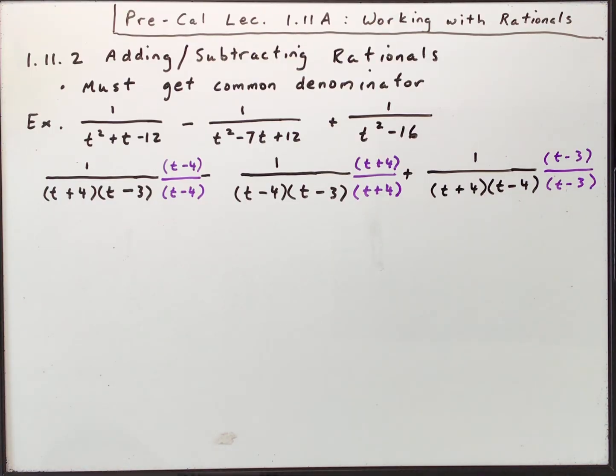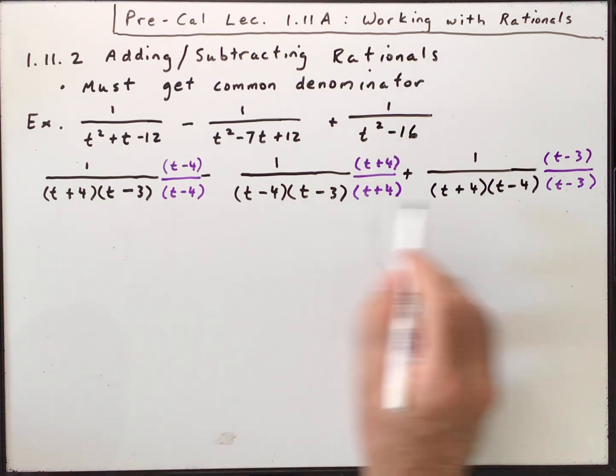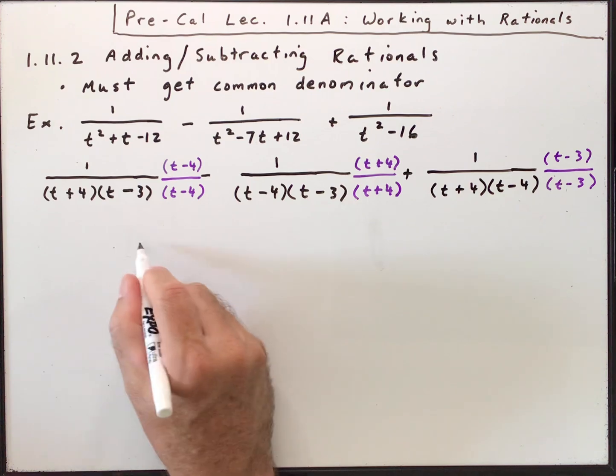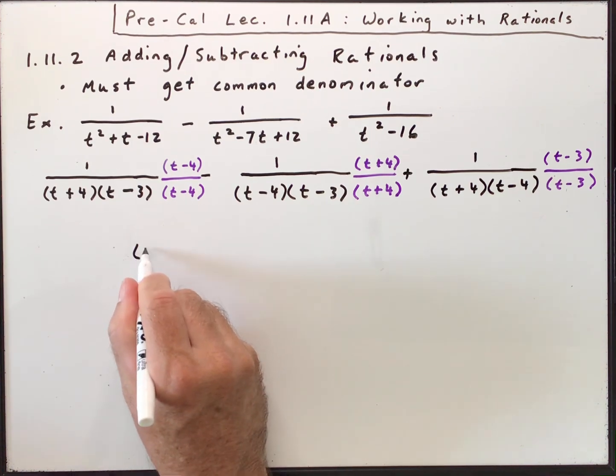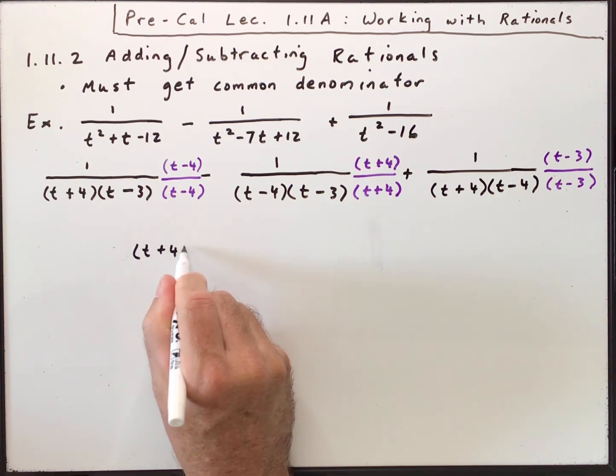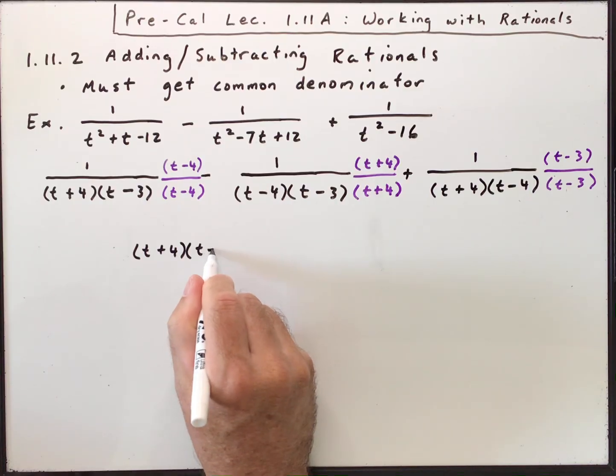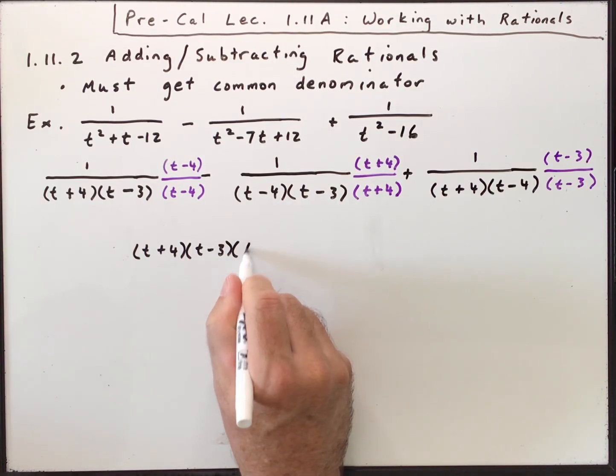All right, now we're going to multiply it all out. Now, I've got a common denominator now. So I'm not going to write all 3 terms again. My common denominator is going to be t plus 4 times t minus 3 times t minus 4.